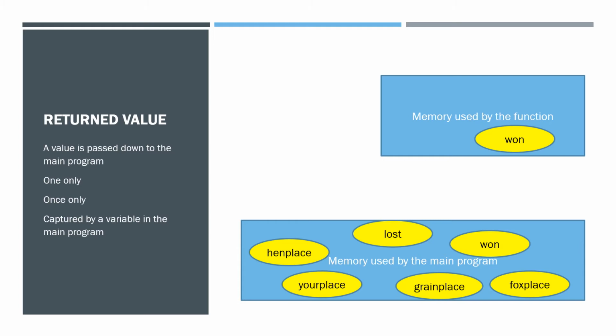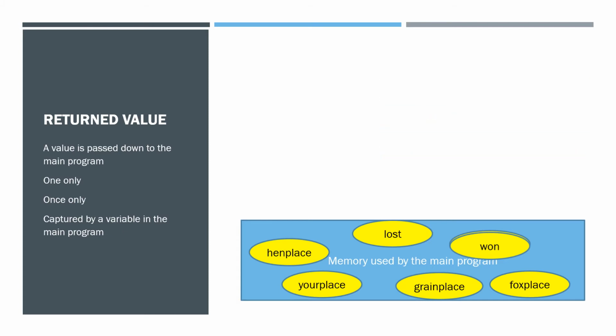A returned value means that a variable exists in the memory of a function, and then when the function is finished, the variable is passed down to the main program and the function disappears from memory. You're only allowed to make one change, and it can only happen at the end of the function, just before it disappears from memory.